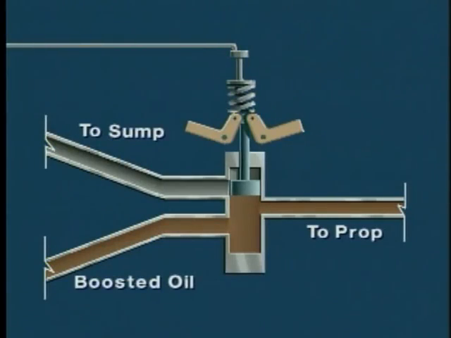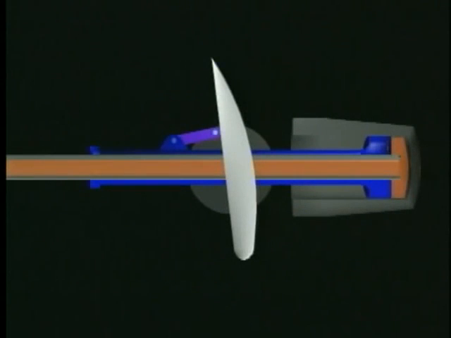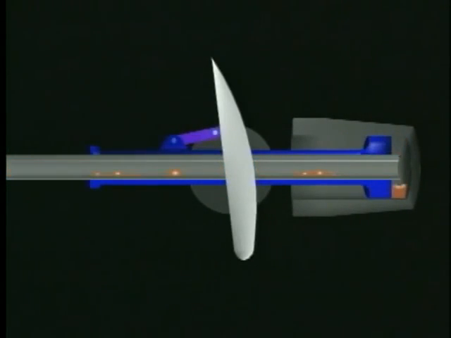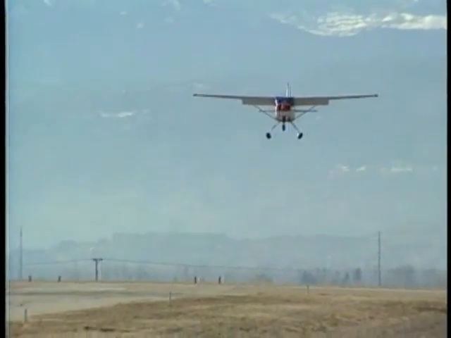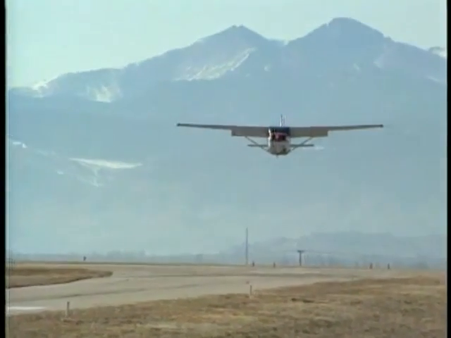The governor either meters oil pressure to or allows oil to drain from the propeller cylinder to maintain the proper blade angle for constant speed operation.